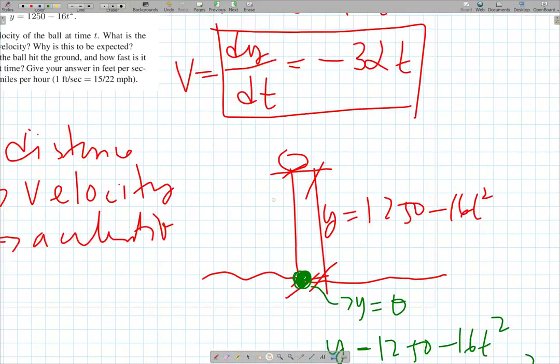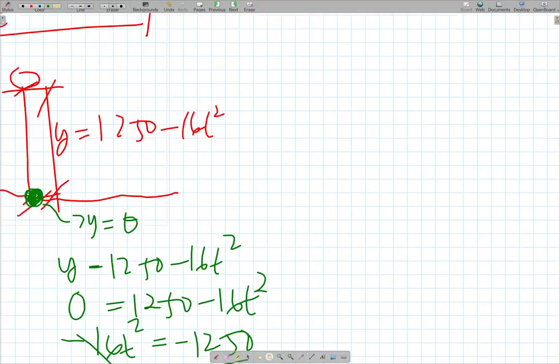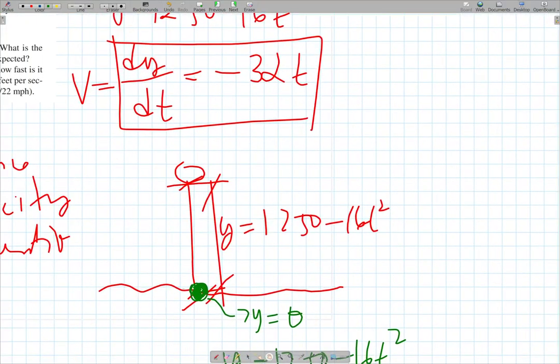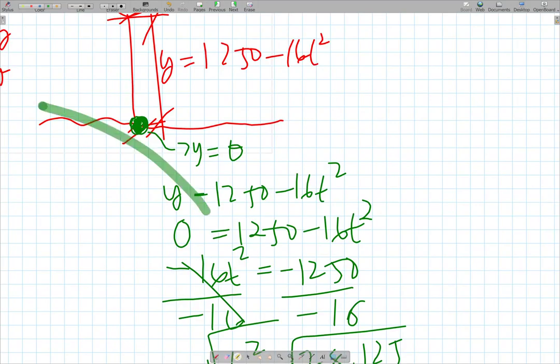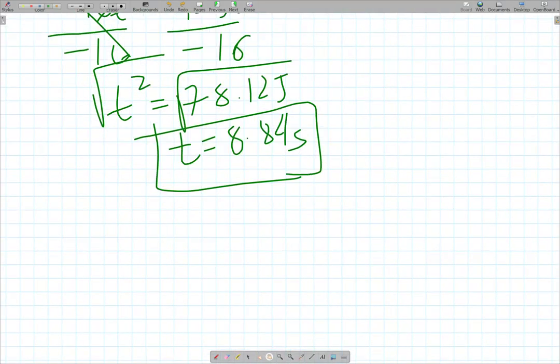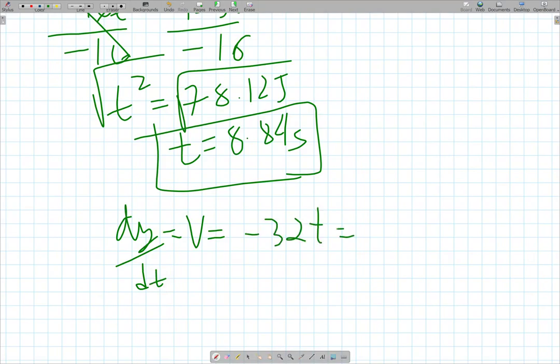So just substitute it to the equation of the velocity, which is equal to negative 32t. Substitute lang natin. So ang velocity dito, class, dy over dt, negative 32t. We will just substitute it.